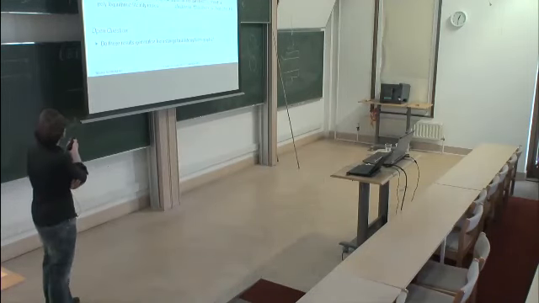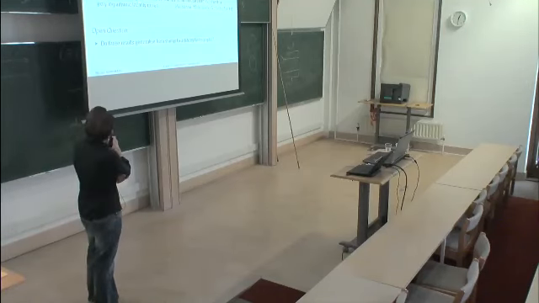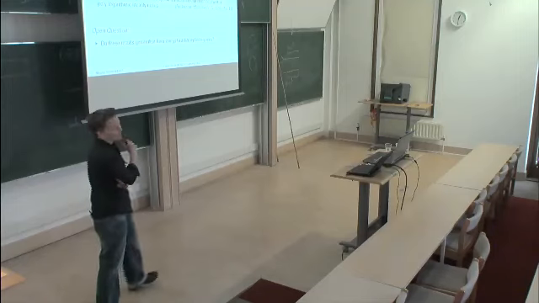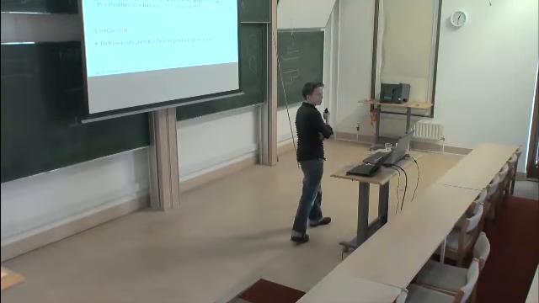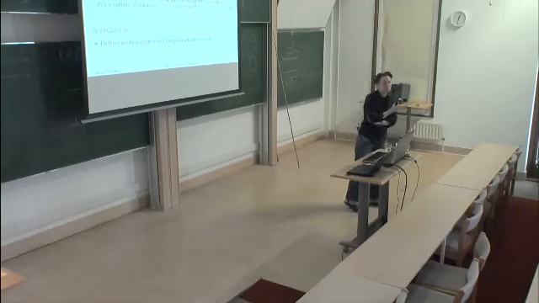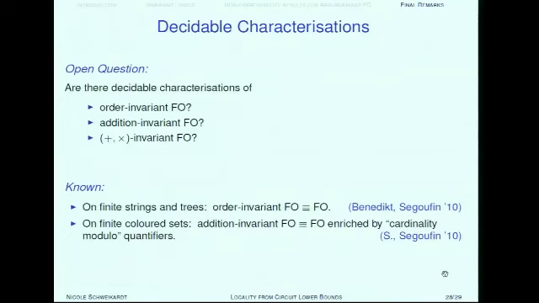But the open question here is: do these results generalize from strings to arbitrary finite graphs? So Hanf locality for order-invariant first-order logic on finite graphs, I don't know. I would expect that it is, but I have no idea how to prove this. And for arb-invariant FO on finite graphs.